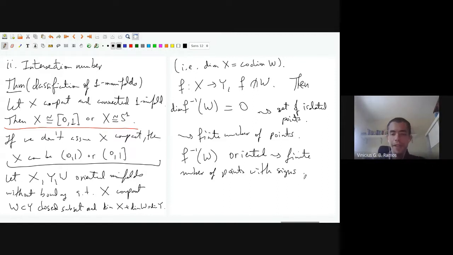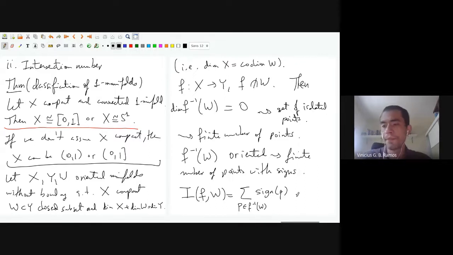Then I can define the intersection number. The intersection number of f and W is going to be the sum of these signs. All right, is that clear?